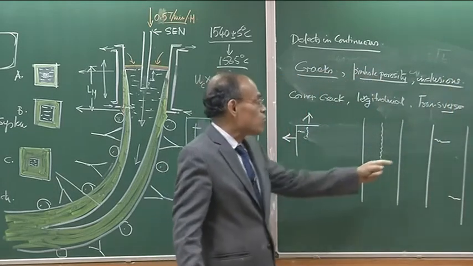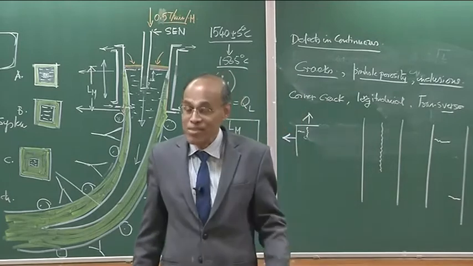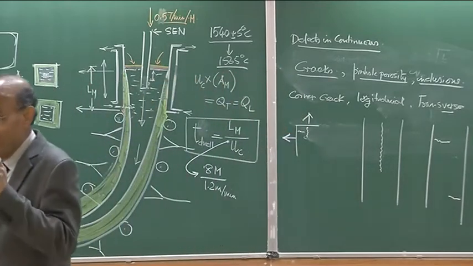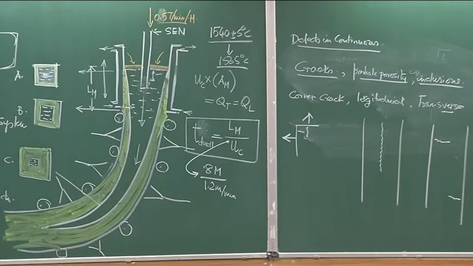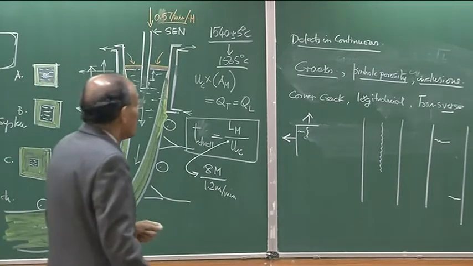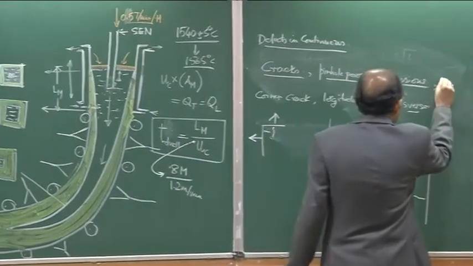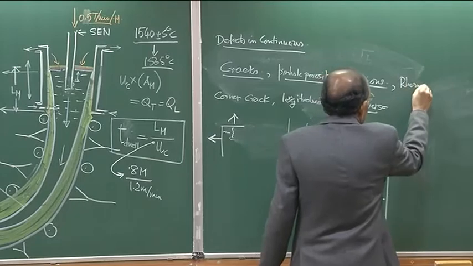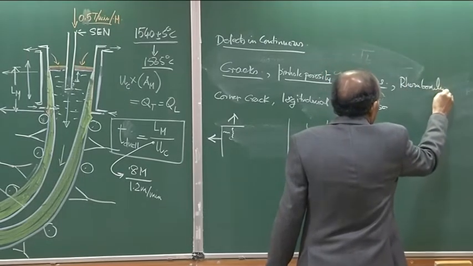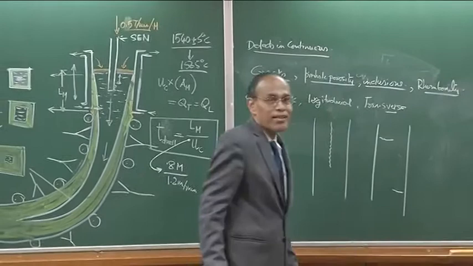And if you study the inclusions in continuous casting products, as I have been telling repeatedly, if you can locate traces of sodium and potassium, we should be able to tell that these inclusions have exogenous origin and have come because of the entrainment of mould powder.